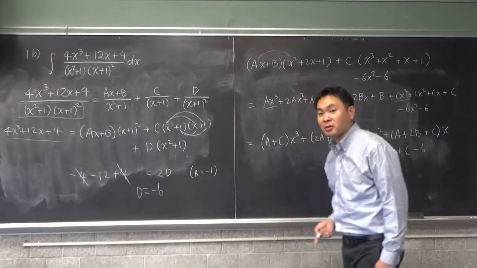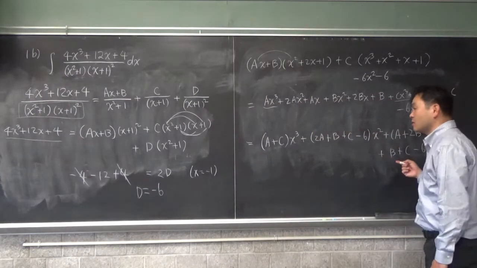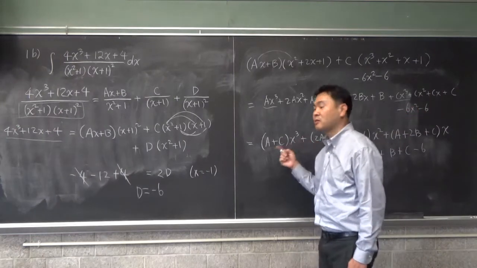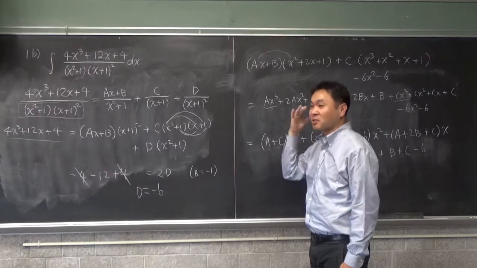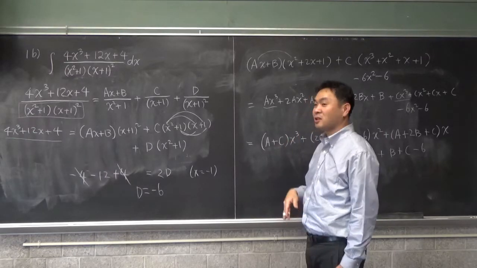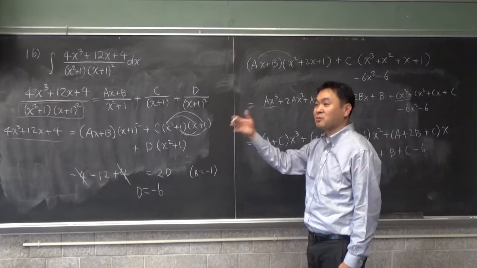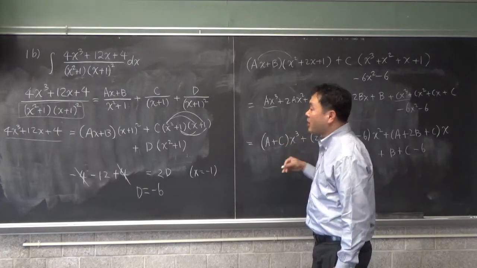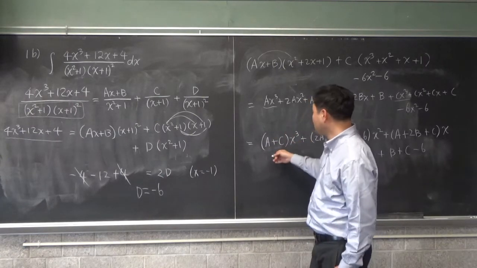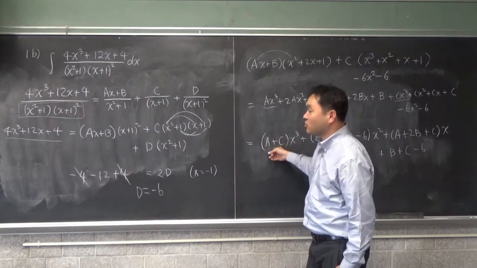But there's another thing that you can use, which is you can differentiate both sides. Being able to differentiate both sides, that's yet again another property. If two sides are equal as functions, you can differentiate both sides and it's still equal. The third fact, which is what we want to use, is that their coefficients must match.